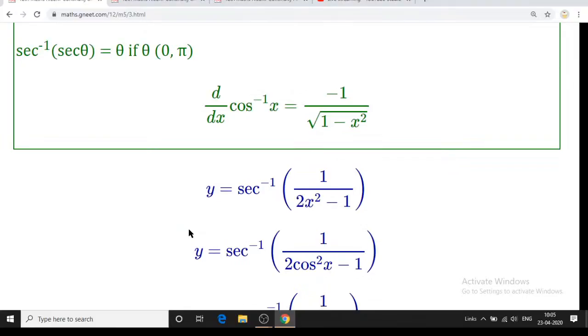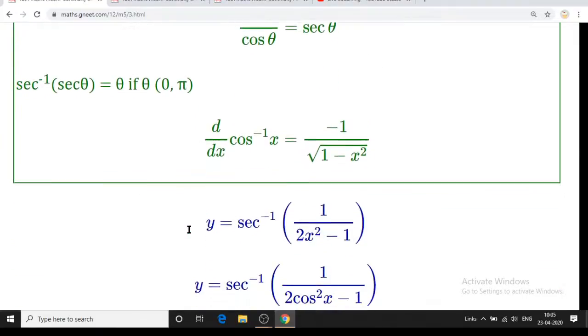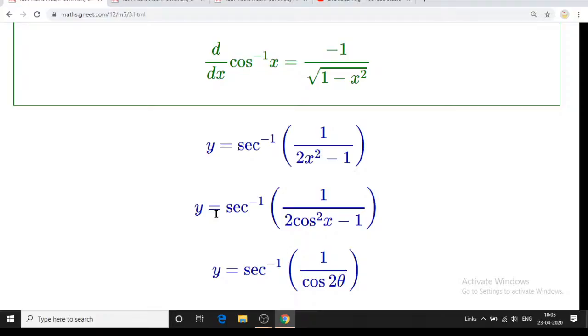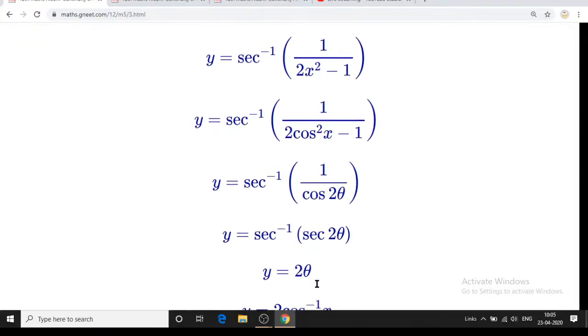Now we will start with our assumption. X was our cos theta. So sec inverse of 2 cos square x minus 1 is written as sec inverse of 1 upon cos 2 theta. 1 upon cos is sec.